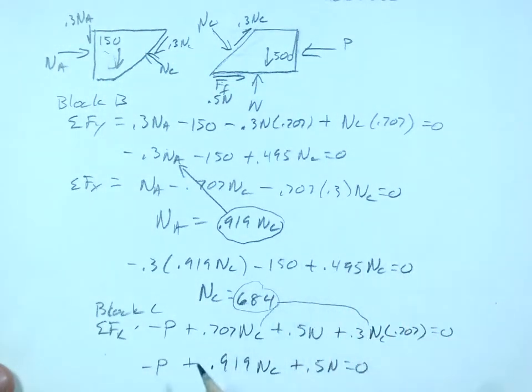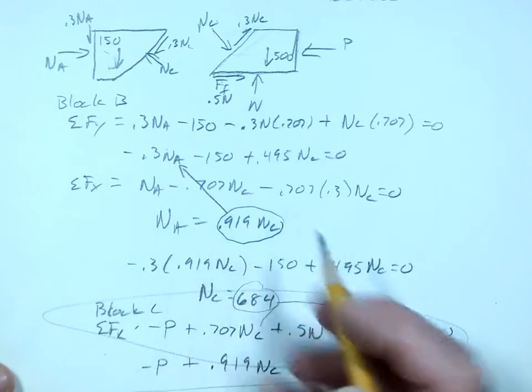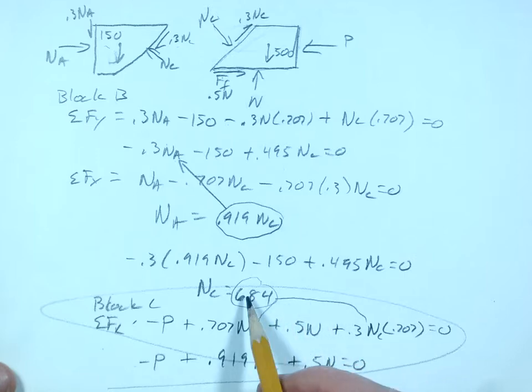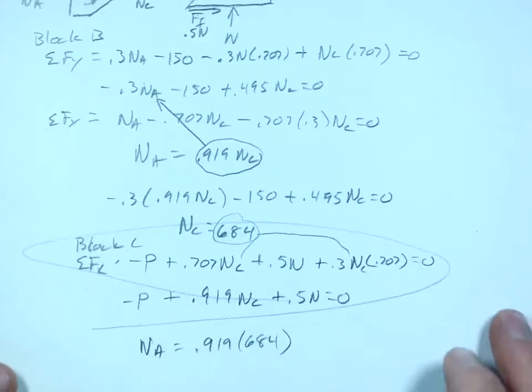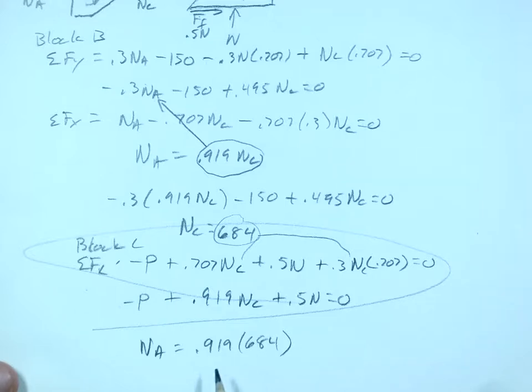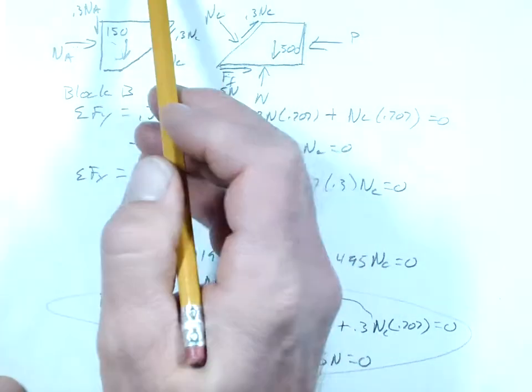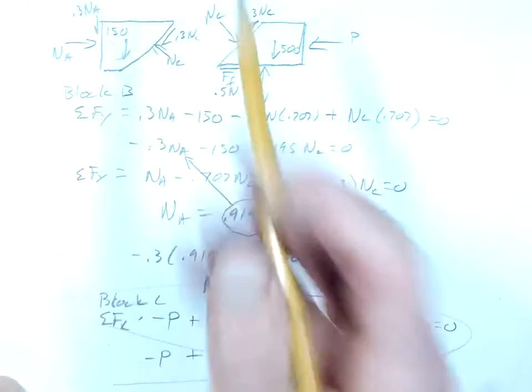So let's hold off on this, and let's solve for block A. So NA is equal to 0.919 times 684. Okay, and that is equal to 629. So that's NA.